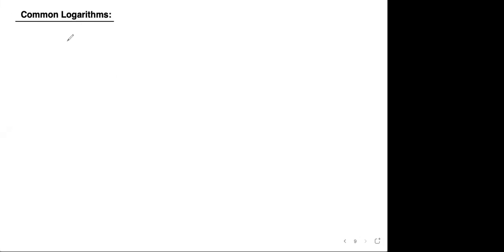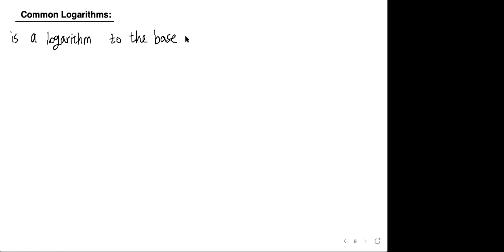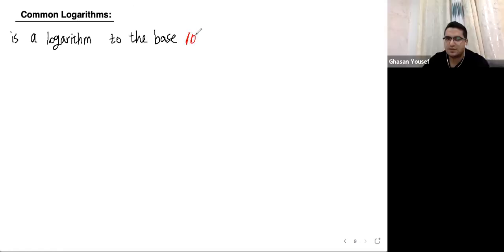I will talk about that one later. Does anyone know what the base of this function is? 10, exactly, correct. So this is called the common logarithm.